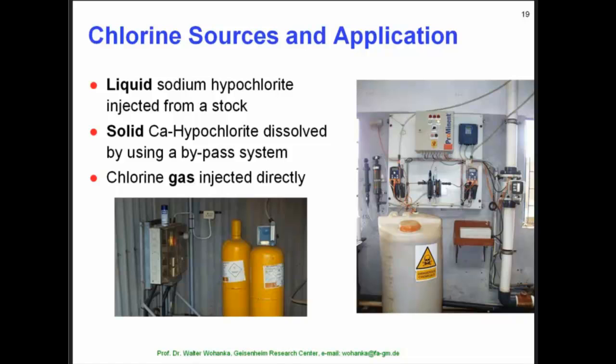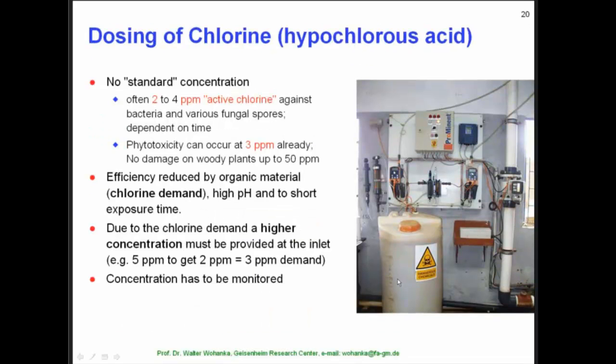The main problem of chlorinating irrigation water seems to be the correct dosing to achieve a high efficiency without damaging the plant. Obviously, there is no standard concentration applicable to all crops and irrigation systems.